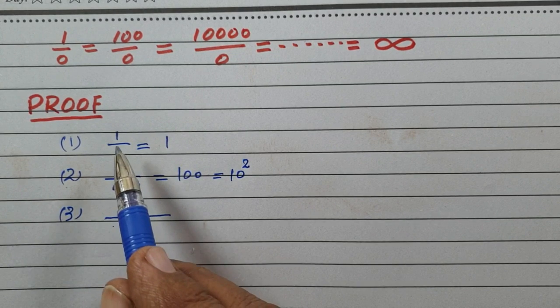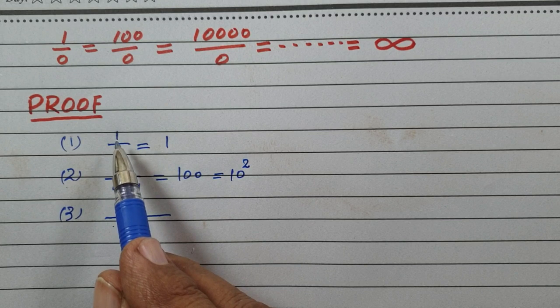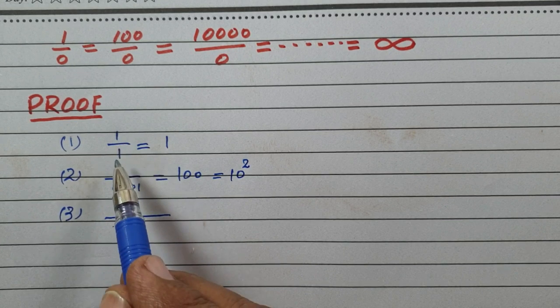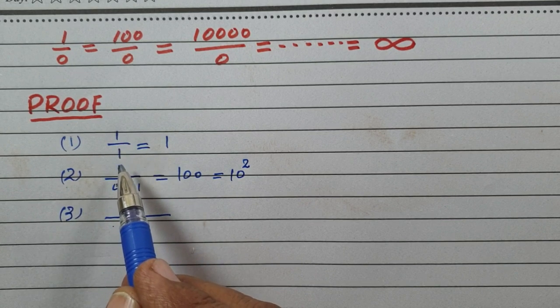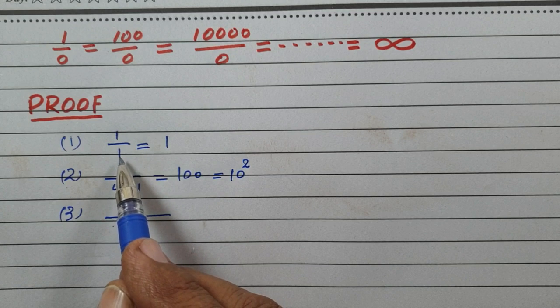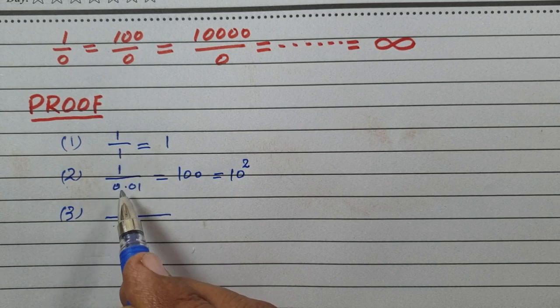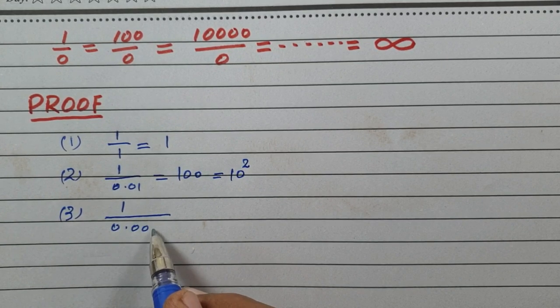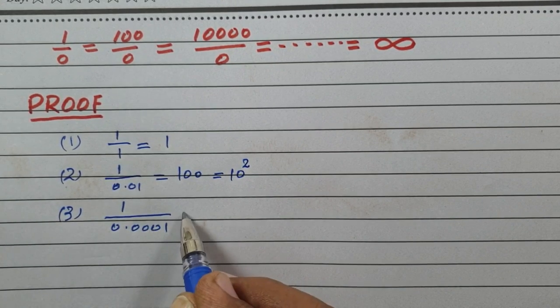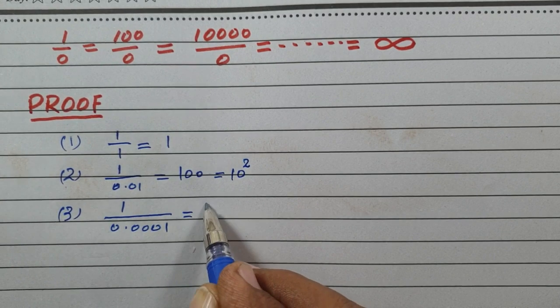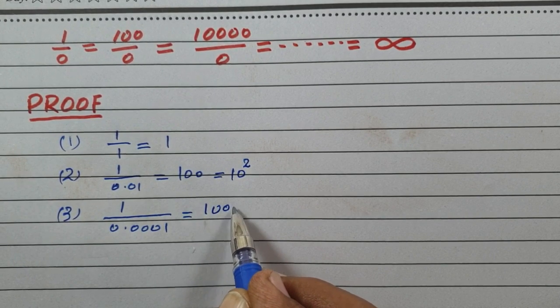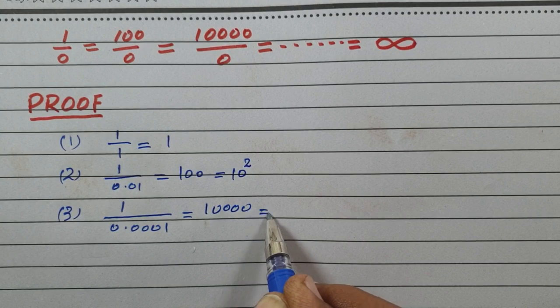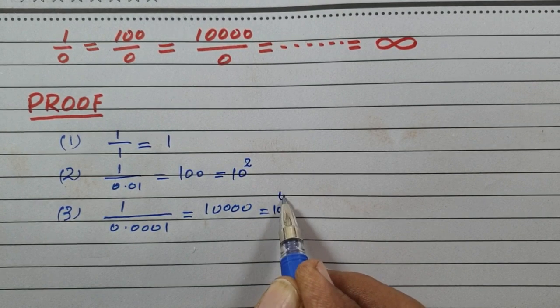We take the numerator the same and decrease the denominator, decreasing it toward 0. When 1 is divided by 0.0001, we get 10 raised to power 4.